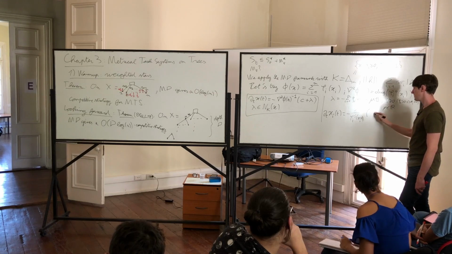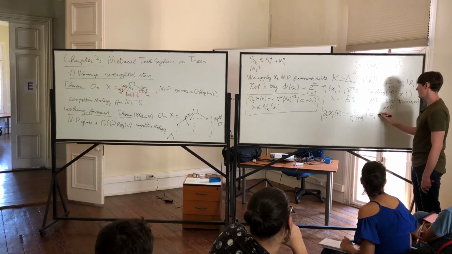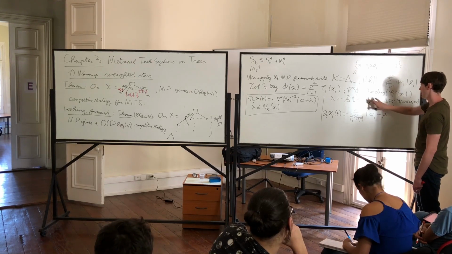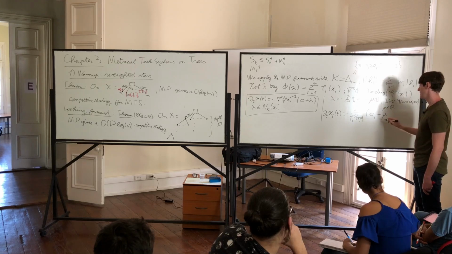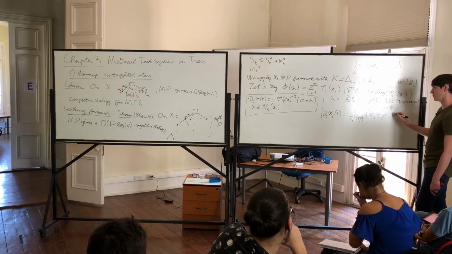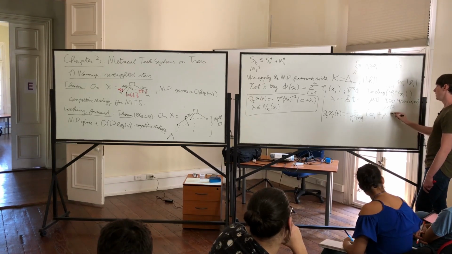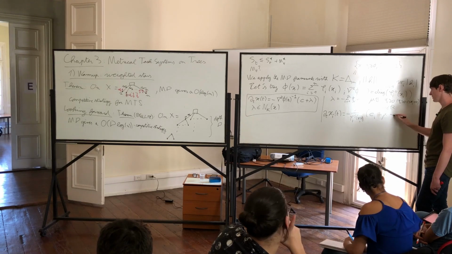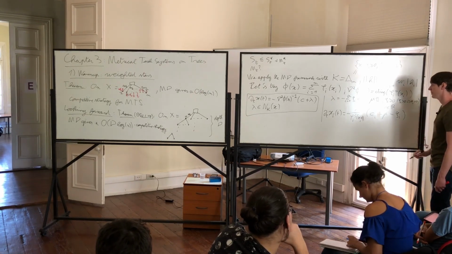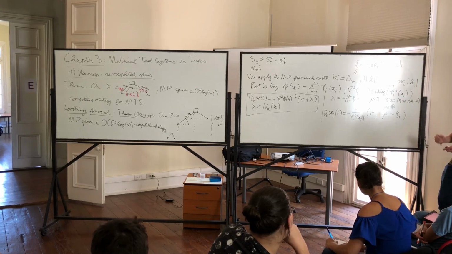You get c_i, then plus lambda, so c_i minus mu, and maybe let me put a minus here, that would be nicer. So minus mu, very good, minus x_i. Okay, so this is the formula that you get.